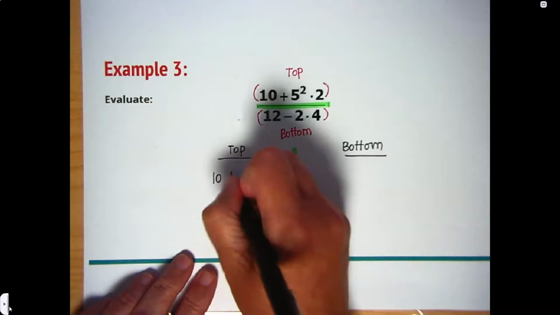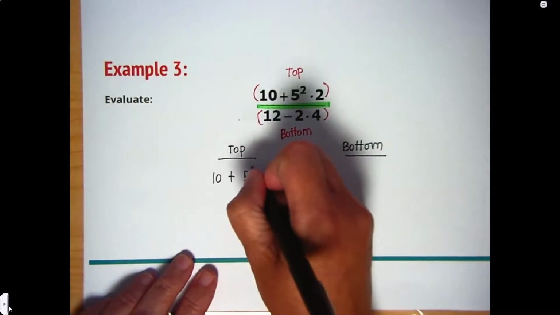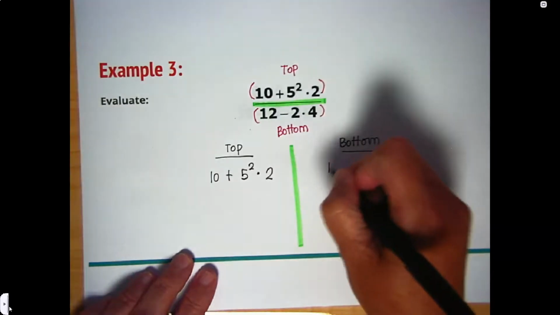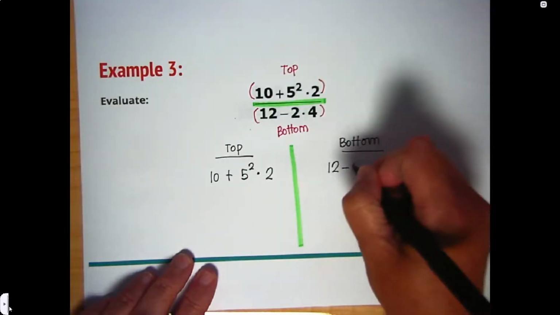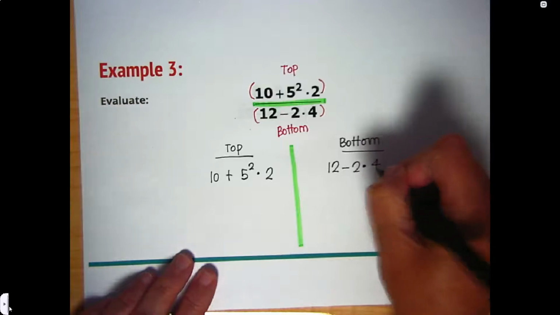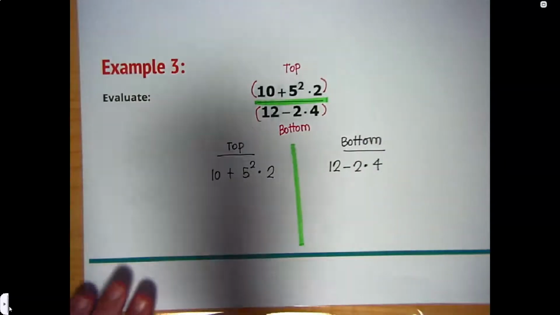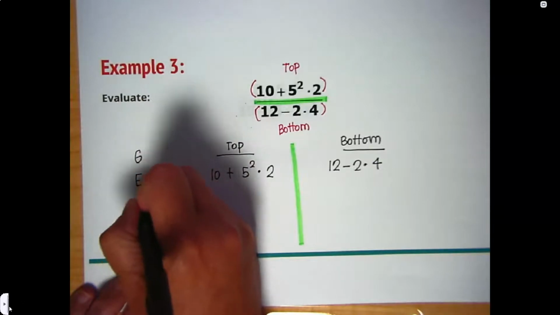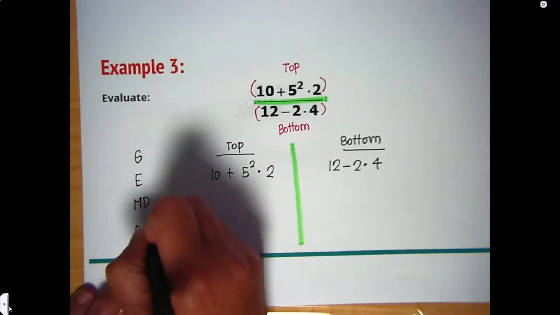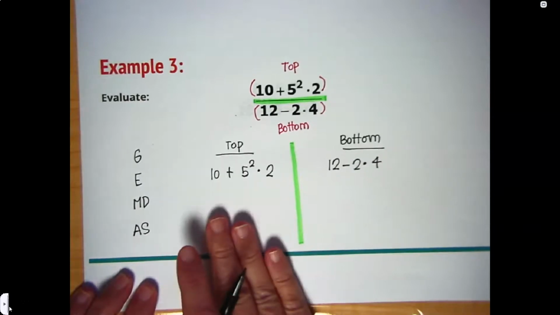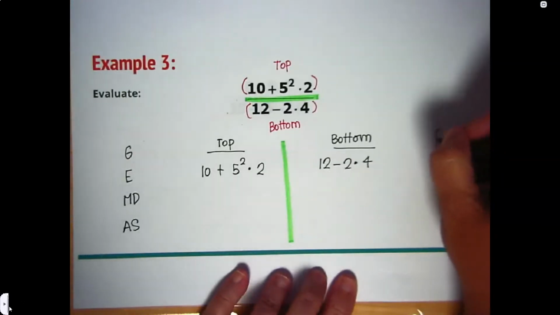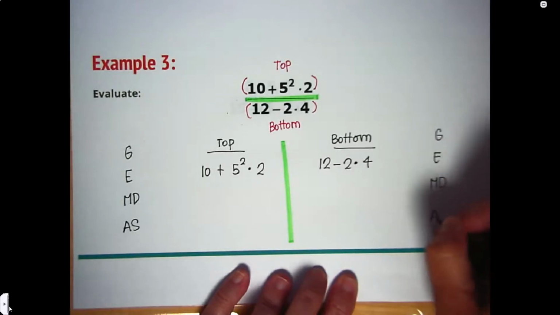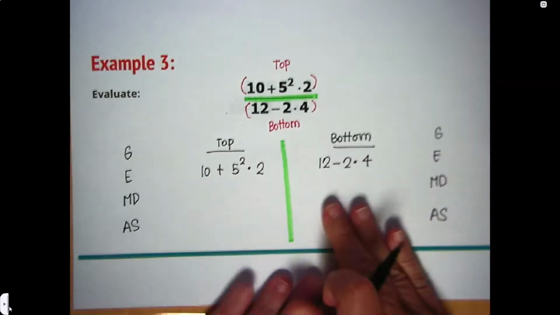It's 10 plus 5 to the second power times 2. And then I'm going to copy my bottom problem over here. 12 minus 2 times 4. And I'm going to have to use GEMDAS to work out this problem, and use GEMDAS to work out this problem.